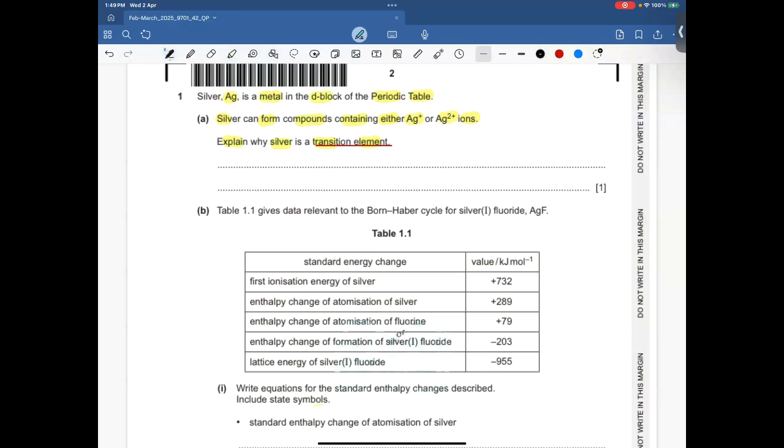because of the fact that D orbital contain electrons, or D subshell contain electrons.